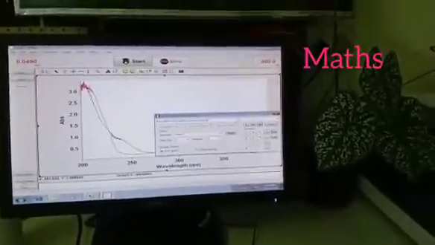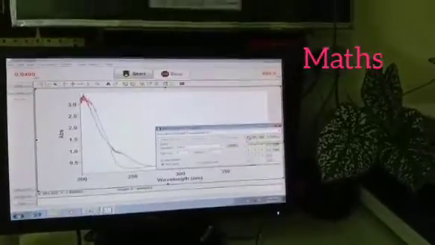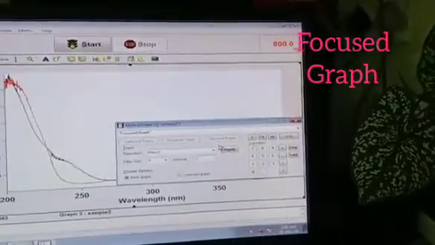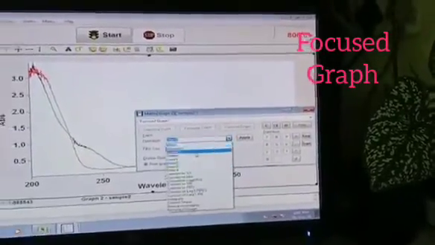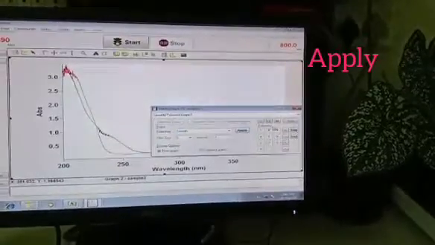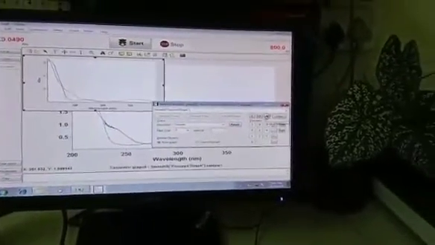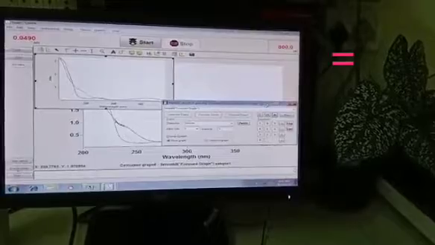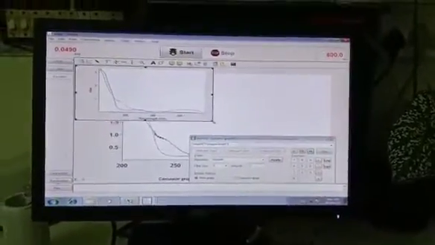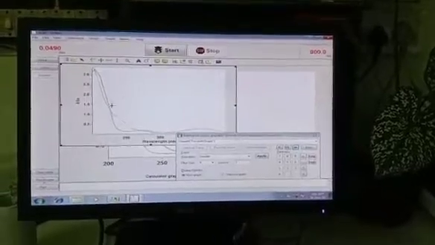In that I am giving the required options, that is focused graph, smooth, apply. Firstly the graph is smoothened. You can observe the smoothened graph.